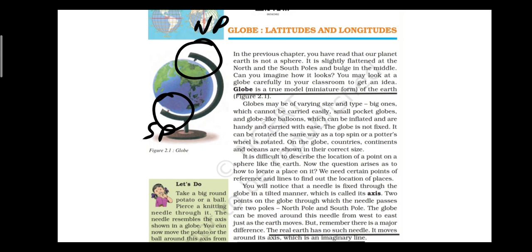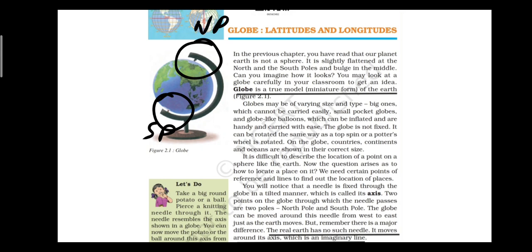Then the globe is not fixed. It is attached to a needle as it is shown in figure 2.1. So here in figure 2.1, on the top and bottom you can see the needle where I have circled and wrote NP and SP. So NP means North Pole and SP means South Pole.